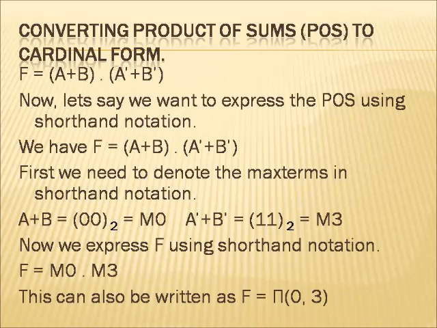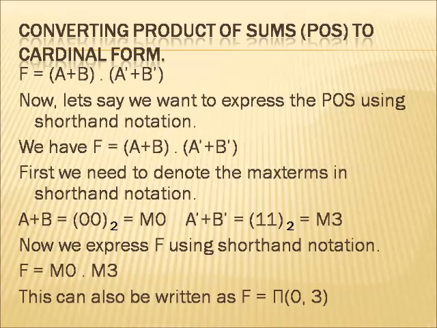So it is 0 0. 0 0 in binary means 0 in decimal. Now the second term a bar plus b bar, we know that a bar means 1 in max term, so that is 1 1. 1 1 in binary is equal to 3 in the decimal format, right?